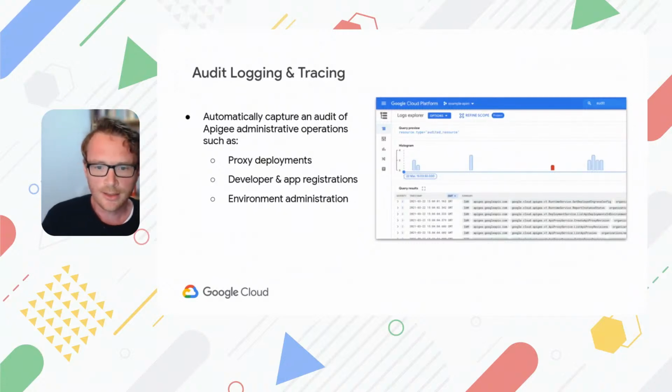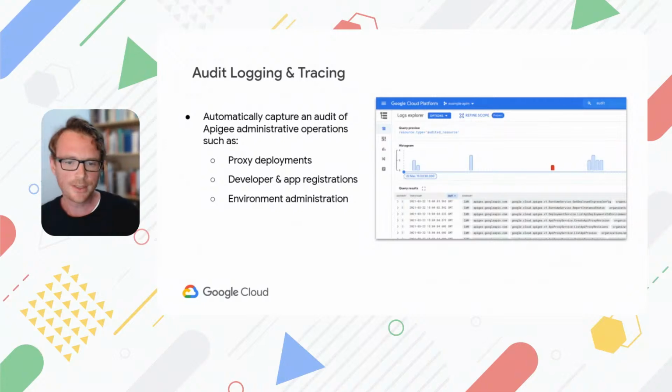Audit logging, on the other hand, is to make sure that all the operations that are done at the platform level, so granting access, deploying new versions of APIs or any code, making changes to the platform, that's all visible in audit logging. And we see that information from Apigee as well as all other Google Cloud services.